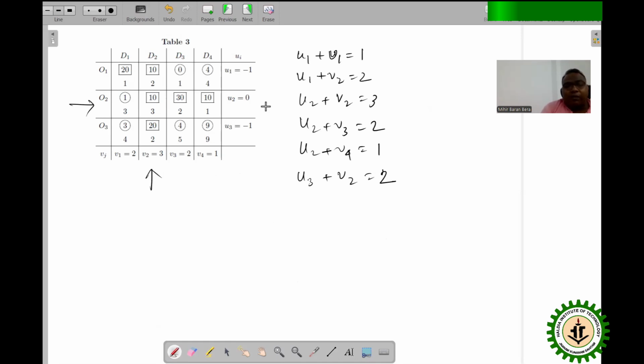But for our convenience, I have chosen this. So this becomes 1, this becomes 2, this becomes 3, using these three relations.